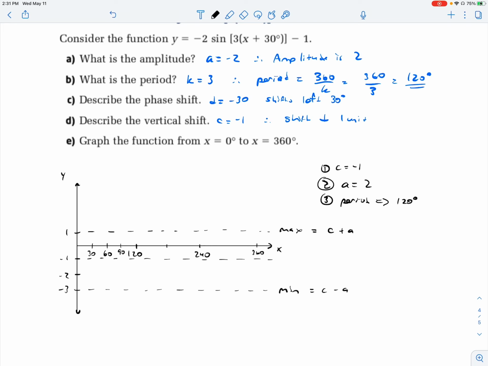Okay, so do the same thing over here. We're going up by 30, so I'll have 150, 180, 210, and then same here, 270, 300, 330, and then 360. So I can use those to plot all my points.